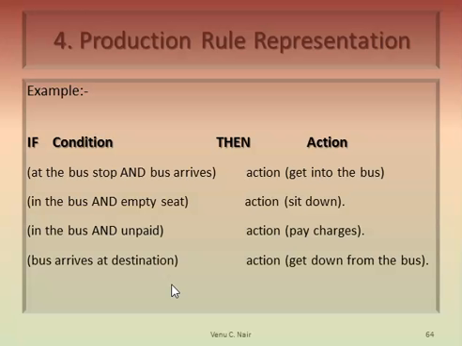And then the bus arrives at the destination where we have to go. Then the action should be that we get down from the bus. So this is a common example where we have some conditions, and to suit that condition we perform some actions. So we are listing the conditions on the left hand side, and the corresponding actions on the right hand side.